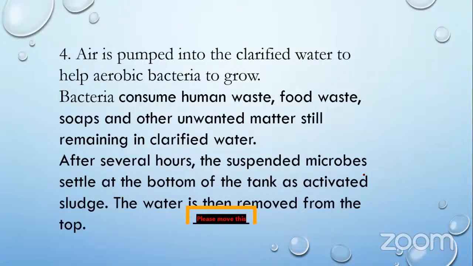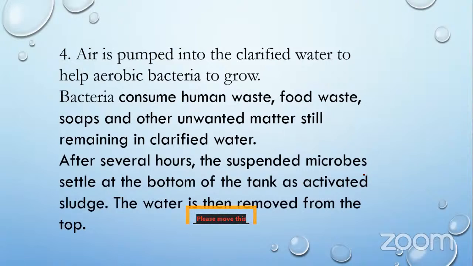Now, next is, air is pumped into the clarified water to help aerobic bacteria to grow. Just now we have seen the flow chart, that aeration is one step. Aeration means air is pumped into the water. When we pump air into the clarified water, aerobic bacteria will grow. So this bacteria consumes human waste, food waste, soaps and other unwanted matter still remaining in clarified water.